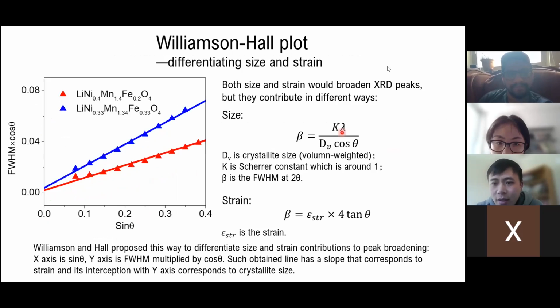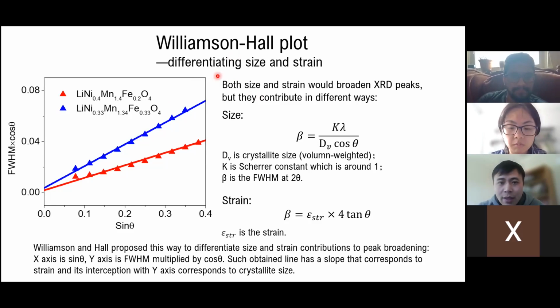And that in fact brings about the Williamson-Hall plot, which maybe you are already familiar with. In case you didn't use it before, it should be very easy to understand. It takes advantage of the fact that the size part and the strain part, even though they both contribute to the peak broadening, have a different variation relationship with theta.